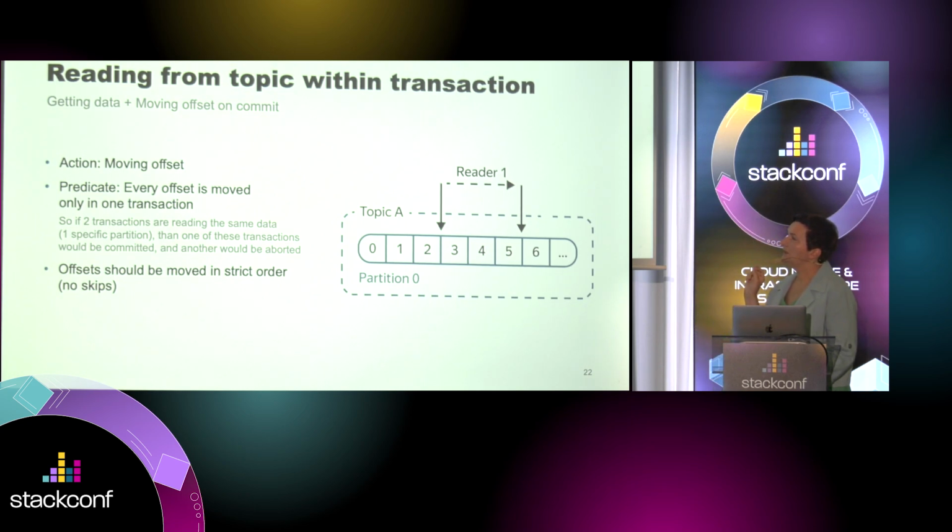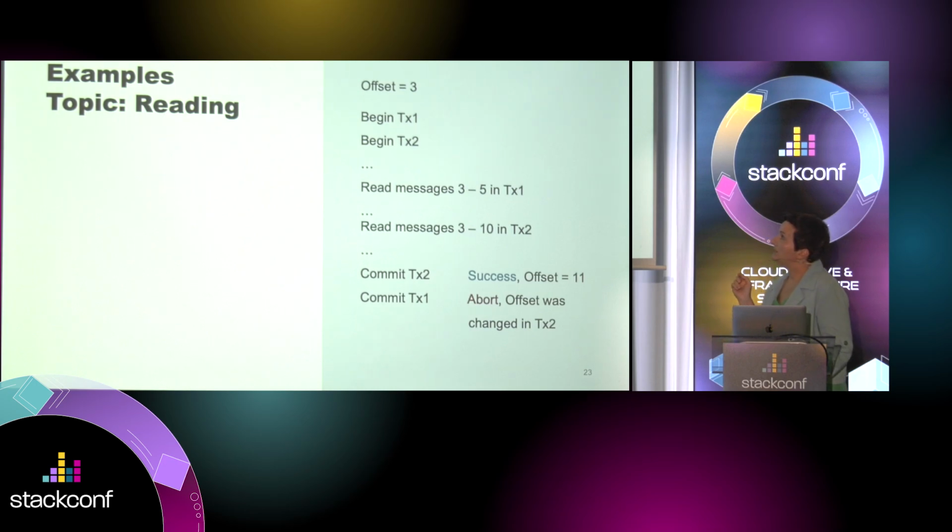But we should move the offset by some rule. We should check the predicate that every offset is moved only in one transaction. So if two transactions are reading the same data, one specific partition, then one of these transactions would be committed and another would be aborted. For example, if we have some topic and the current offset for the current reader is now equal to 3, and we begin two transactions, TX1 and TX2.